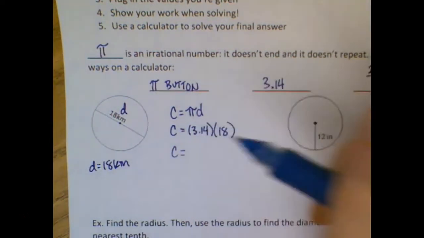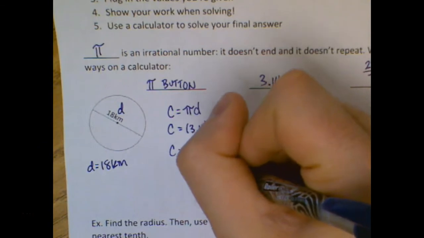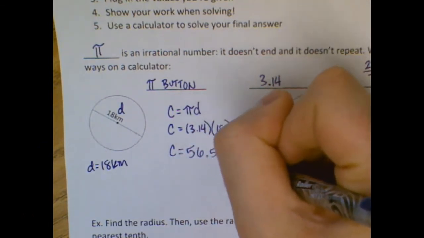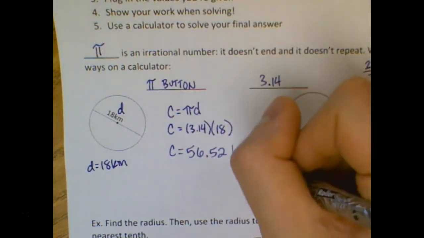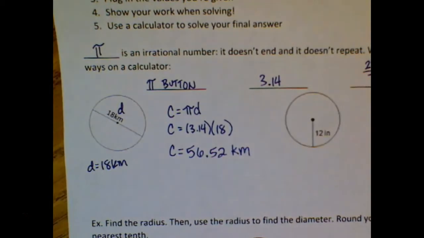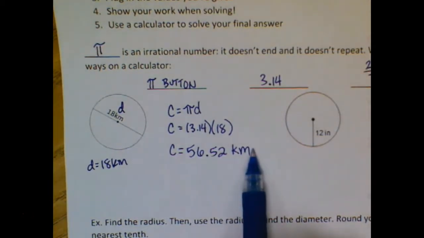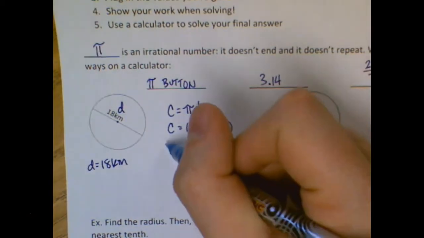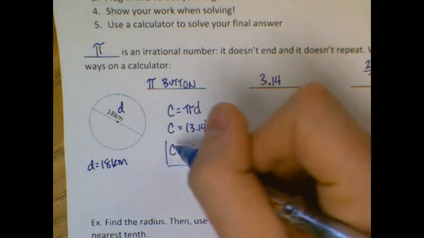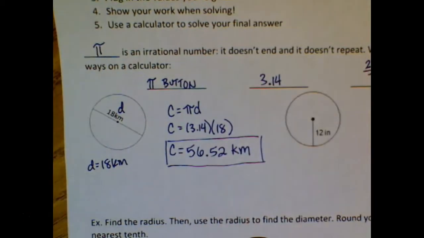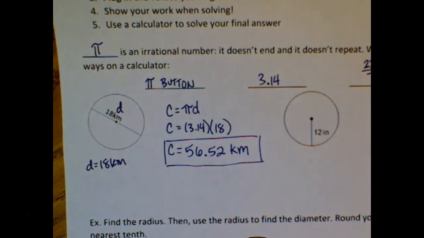Once you plug that in, you find out that the circumference is 56 and 52 hundredths kilometers. Now remember, circumference is the fancy circle way of saying perimeter. So the measurement for perimeter is not squared or anything else. It's just whatever unit you're given straight up. Okay, so circumference is 56.52 kilometers.